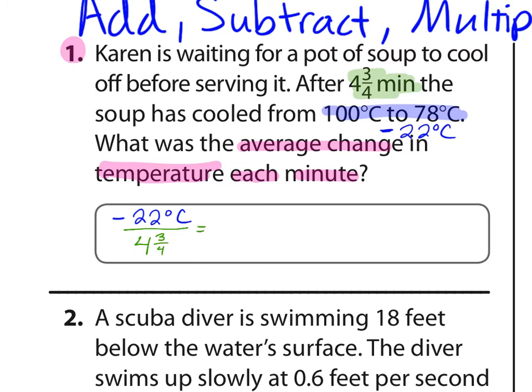So that's the same thing as saying negative 22 divided by 4.75. And we get about negative 4.6, approximately 4.6 degrees Celsius. So that was the average drop in temperature each minute.